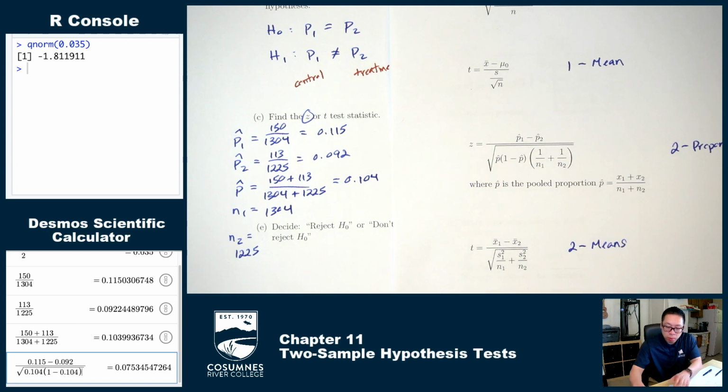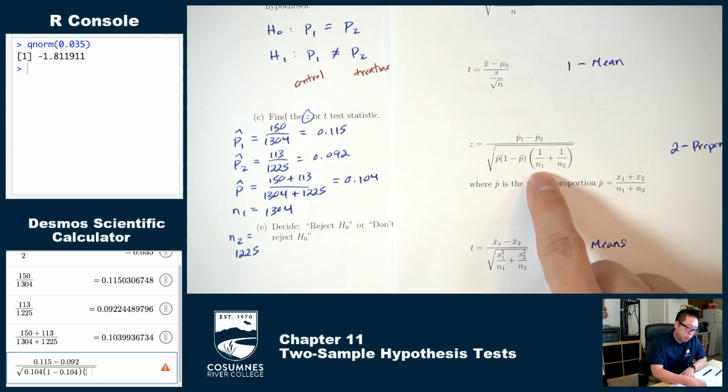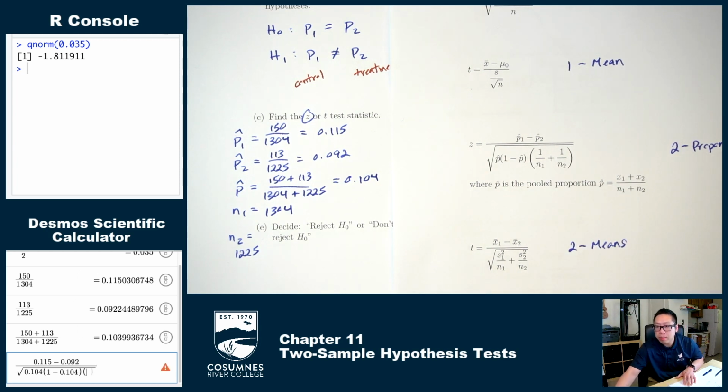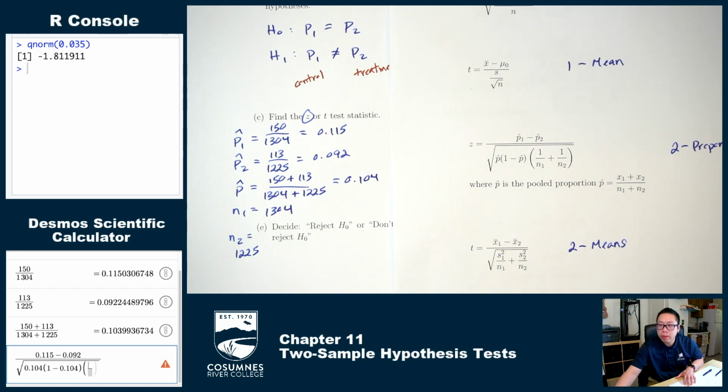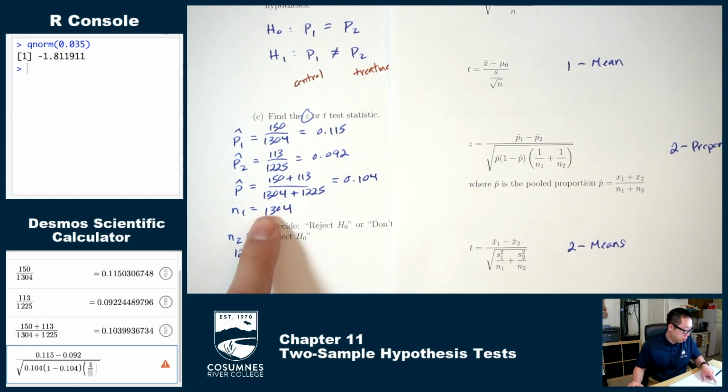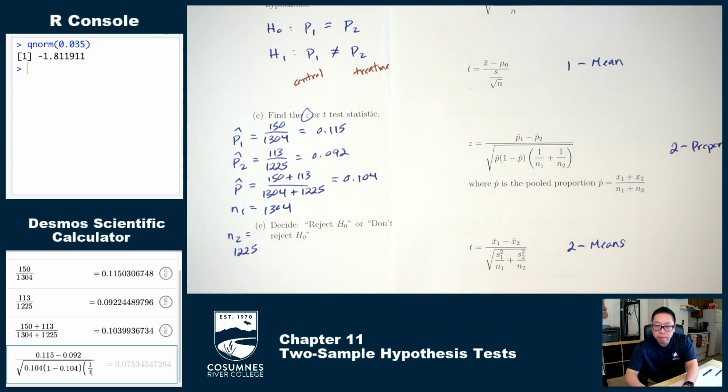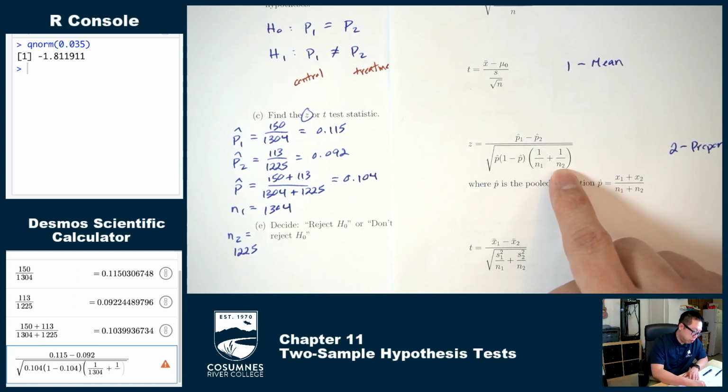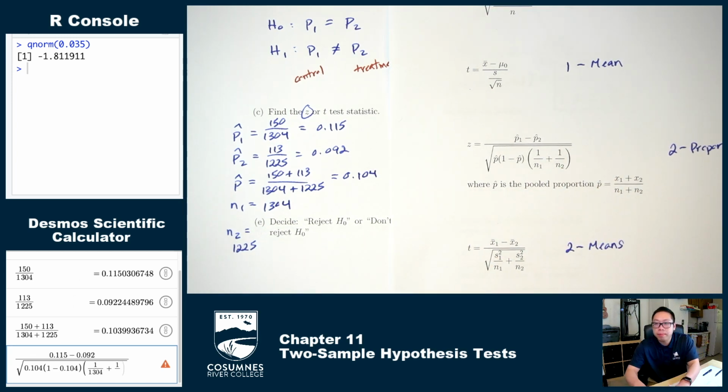Okay, open another parentheses, and it's going to be a fraction, 1 over n1, and that's going to be 1 over 1304, plus another fraction, 1 over n2, so 1 over 1225. And then we'll close the parentheses.